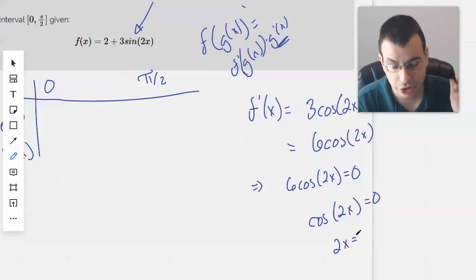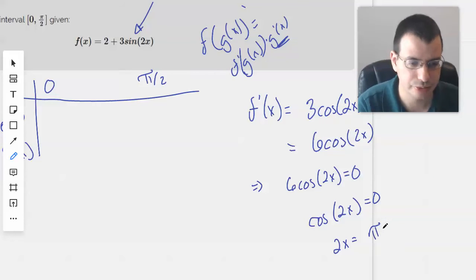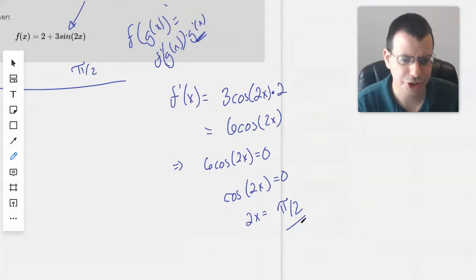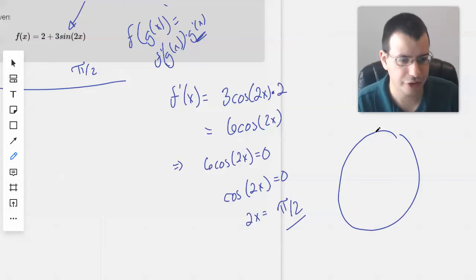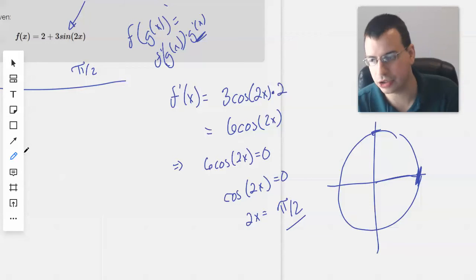2x equals, so cosine equals 0 at pi over 2. Because cosine looks something like, so you have your circle, this is your cosine, this up here is your sine.